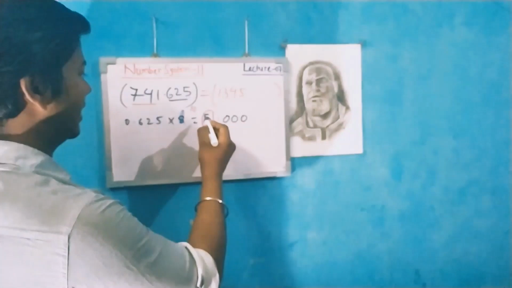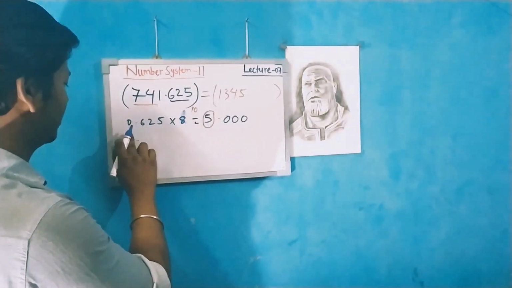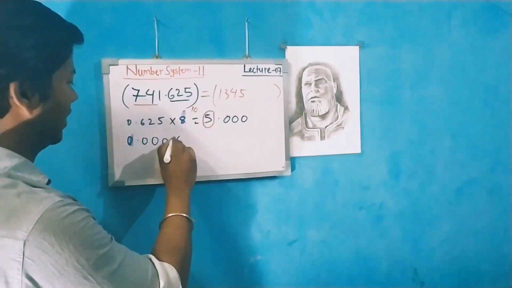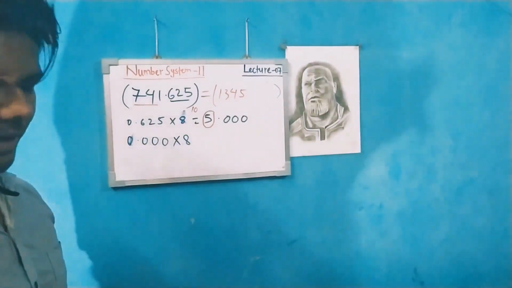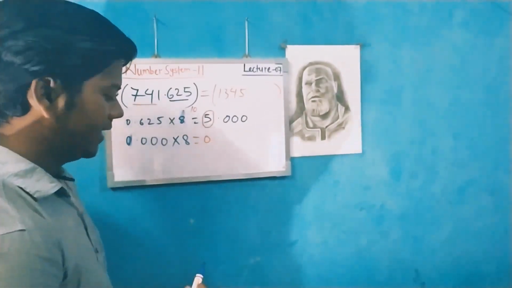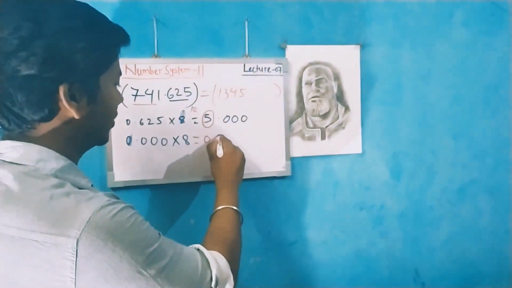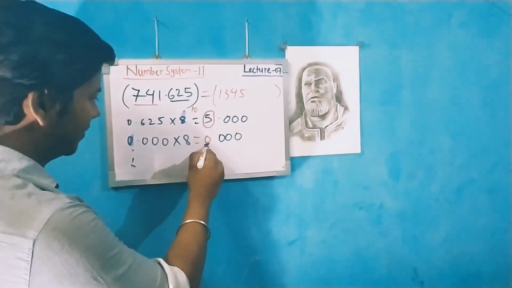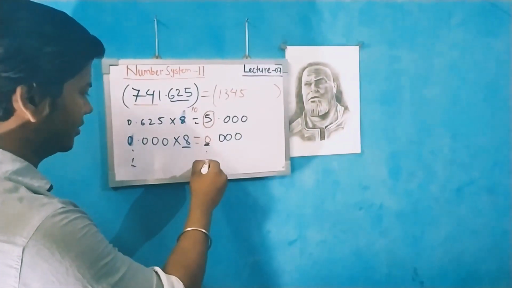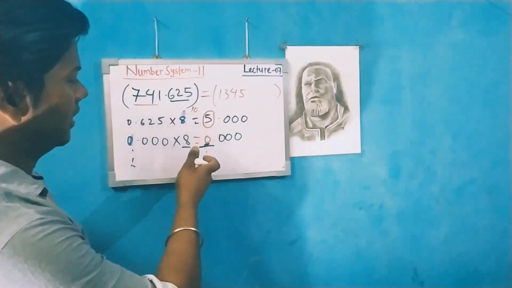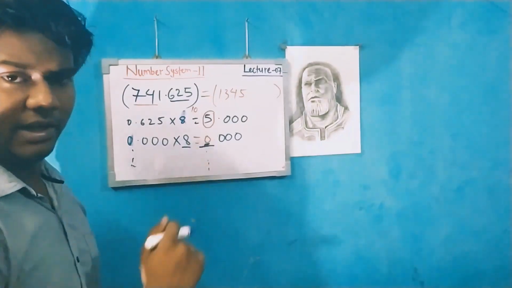After considering this carry, we have 0.000, and we multiply it by 8. It gives you carry 0 and the remaining digits are 0. Again, we further multiply this number by 8, it gives you 0 and so on. So here we stop because the same number will repeat again and again.